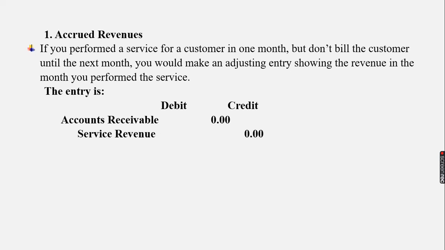So, ang entry mo dyan is, syempre, inutang nila yung service mo, kasi na-perform mo na yung service pero hindi pa sila nagbayad. So, ang entry mo dyan, debit mo is accounts receivable and yung credit mo is service revenue. Okay? Yung pautang, sabi nga natin, pag pinautang mo, accounts receivable yan. Ayan, and syempre, service revenue yung credit mo, kasi nadagdagan yung revenue mo. Okay?